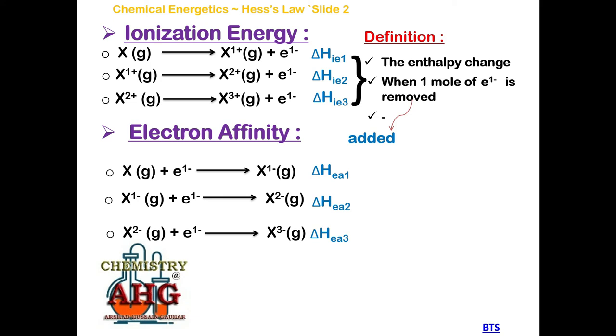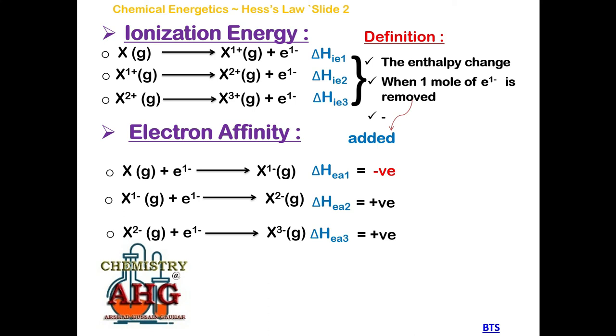For example, the first electron affinity for every element is always exothermic, while compared to the first electron affinity, all other electron affinities are positive, they are endothermic. So what is the reason behind that? Let's look at the reason, a simple reason that you can remember.